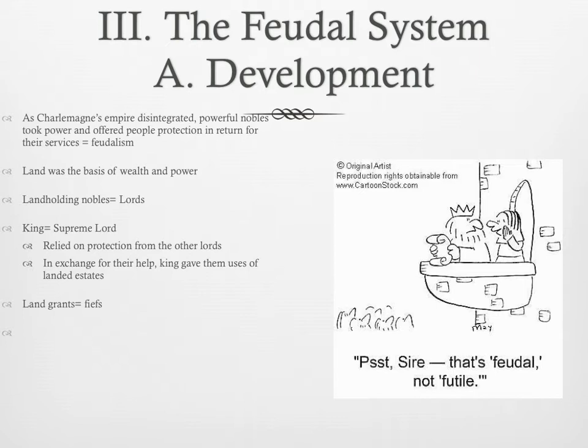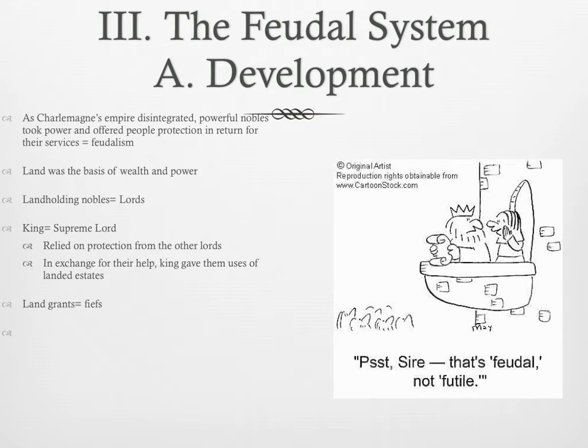So, if you will farm this land and give me this percentage of your produce, then I will protect you in case some group comes and invades this area. And so that's pretty much the basis of feudalism, of that system.